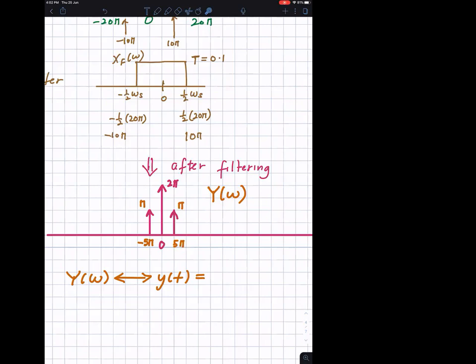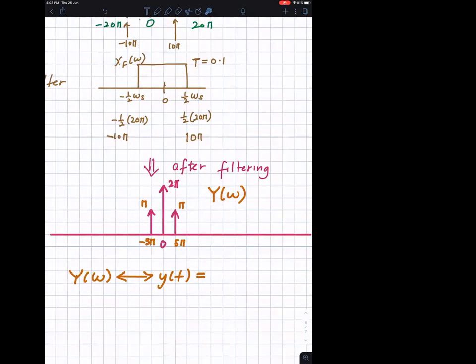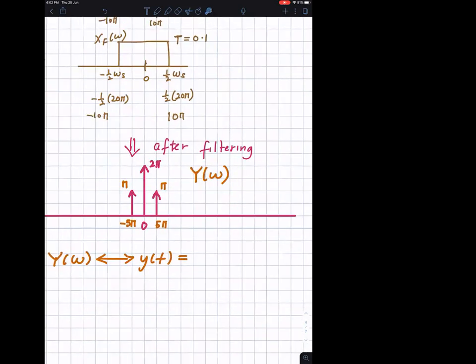So how would you do the inverse Fourier transform of this? Zifeng? Yes, sir.